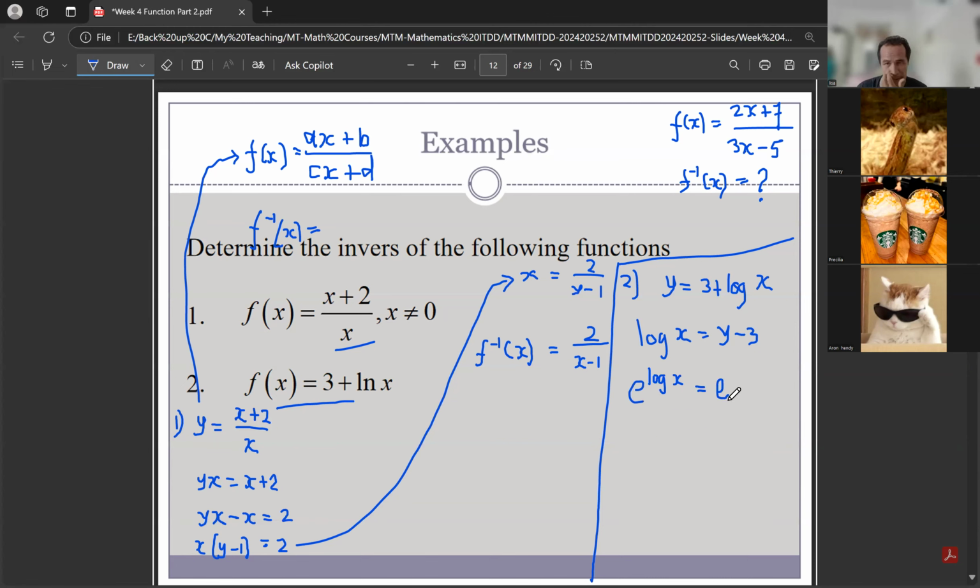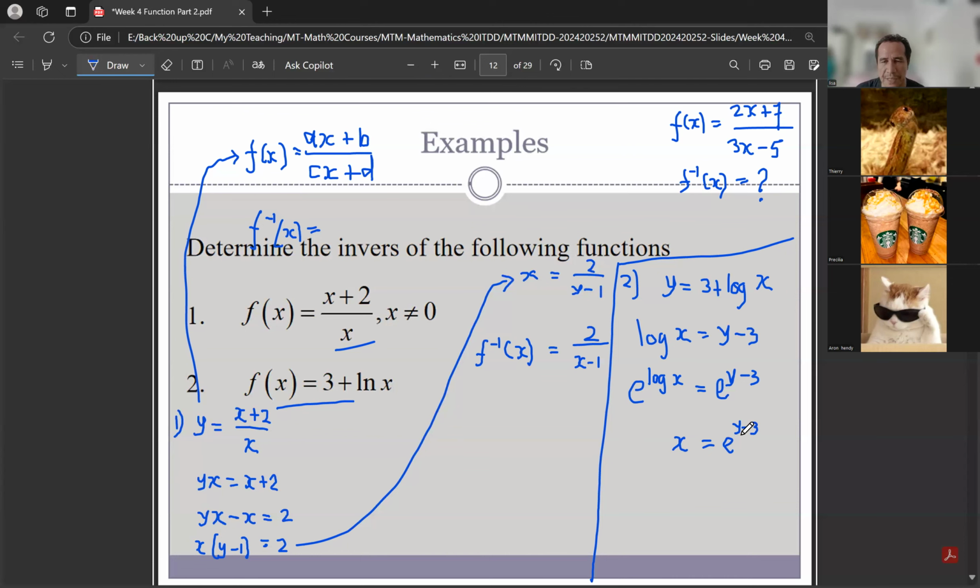By the definition of the logarithmic and exponent functions, these cancel each other because they are inverses of each other. So we have x is equal to e to the power of y minus 3. And this is the end of step 2.